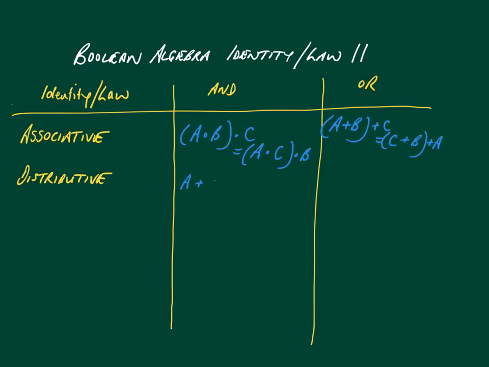A or B and C, we expand that out to be A or B and A or C. And another example is A and B or C, which is equal to A and B or A and C.